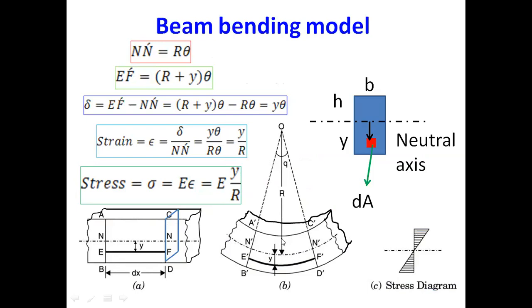Let's say R is the radius of curvature, and point O is the point where the lines meet.